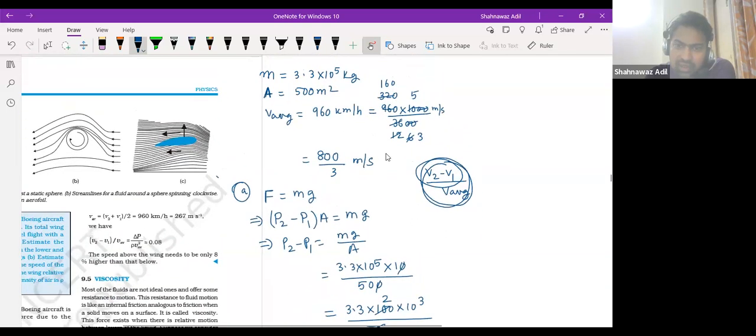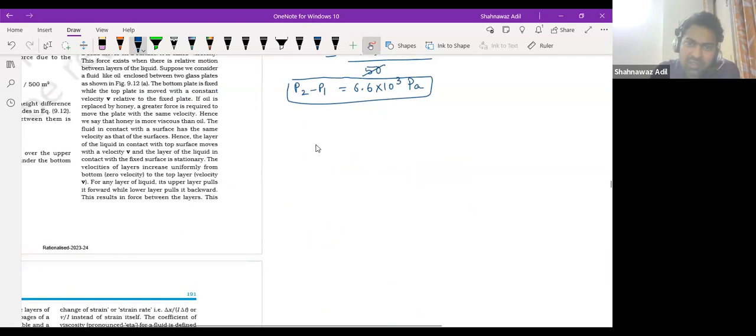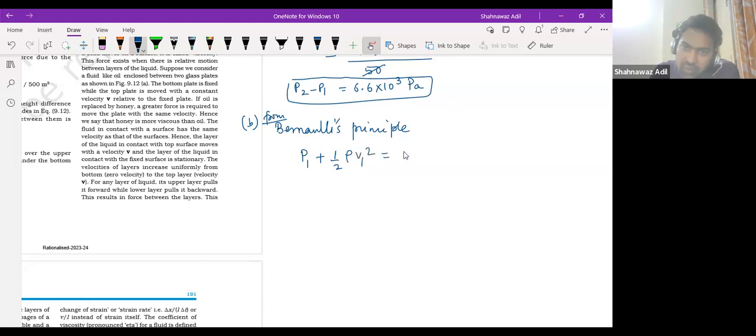Bernoulli's principle, right? From Bernoulli's principle, what do we know? P1 plus half rho v1 square equals P2 plus half rho v2 square.